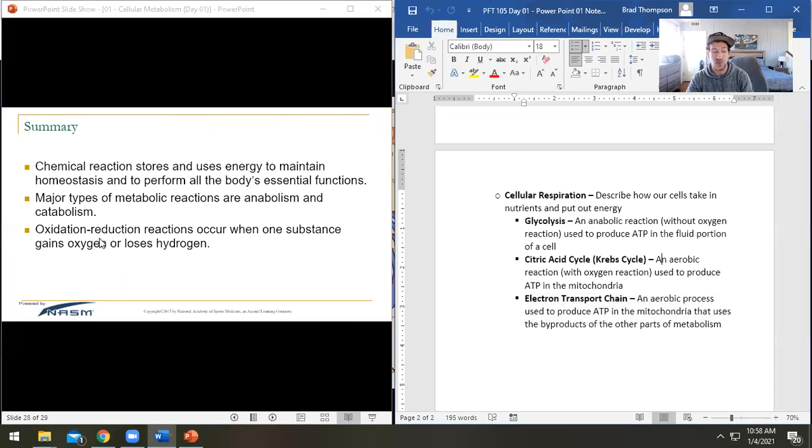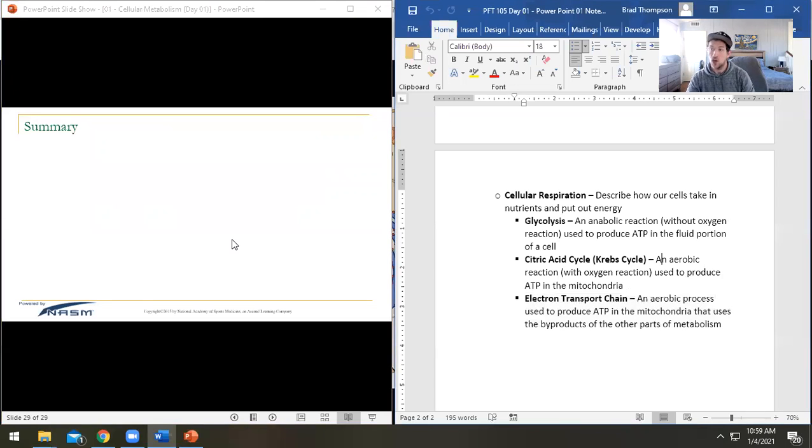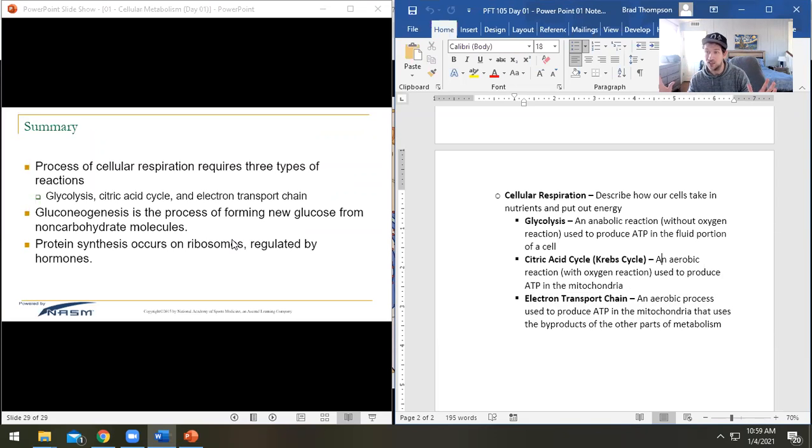And that all takes place because of what we call oxidation reduction reactions. All of that stuff like dehydration synthesis or hydrolysis. Hydrolysis catabolically breaks stuff down. Dehydration synthesis anabolically builds stuff up. And all of that allows us to produce energy and do stuff, do work, right?